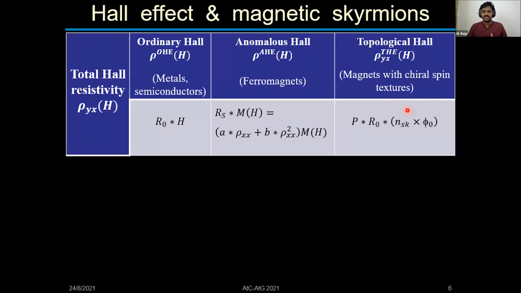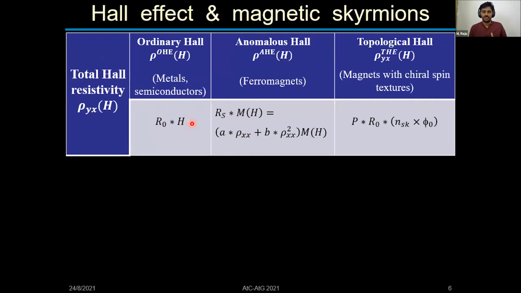To extract the component corresponding to the magnetic field coming from the skyrmion itself, one can experimentally measure the total Hall resistivity and understand it in terms of different contributions. For example, there are 3 contributions in a ferromagnet that can host skyrmion spin textures. There's an ordinary Hall effect, which is typical for metals or semiconductors and responds to the external magnetic field.